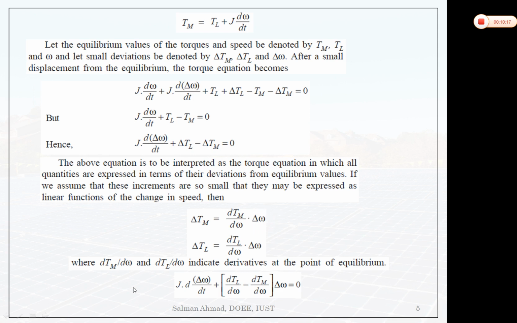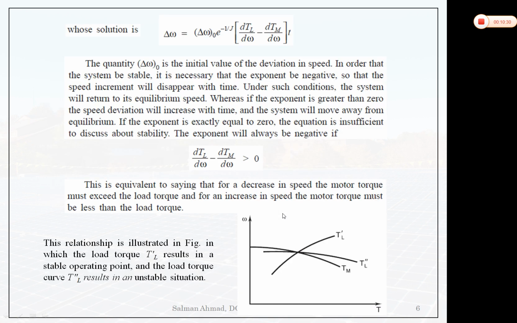Substituting in this, we get this equation. You can see this is a first order differential equation in delta omega. The solution of this equation is delta omega equal to delta omega 0, the initial change in speed, times e to the power minus 1 over J times dTL over d omega minus dTm over d omega, times t.